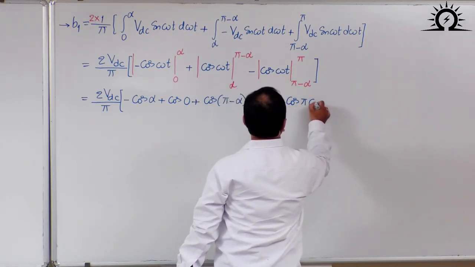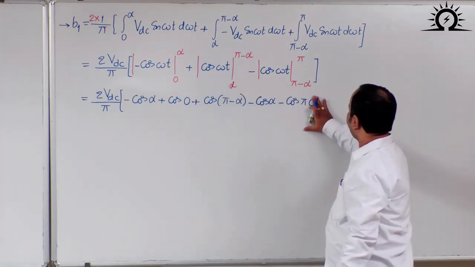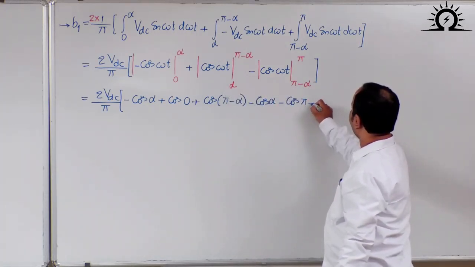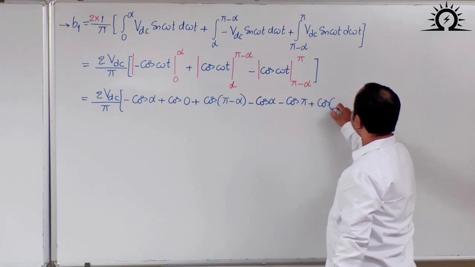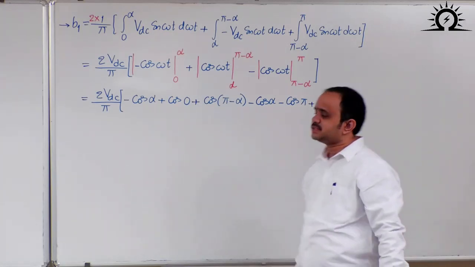Here minus cos pi is the upper limit, lower limit minus of minus, plus cos of pi minus alpha.